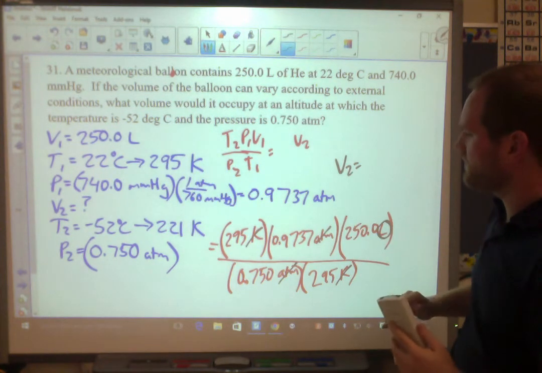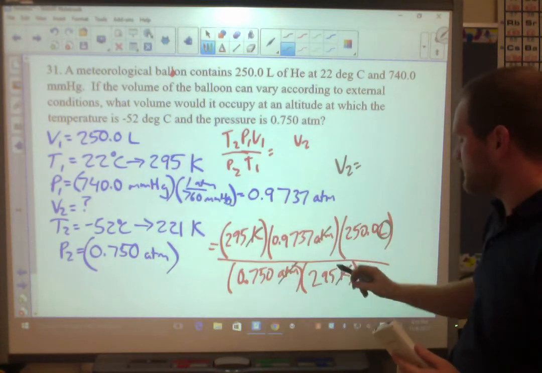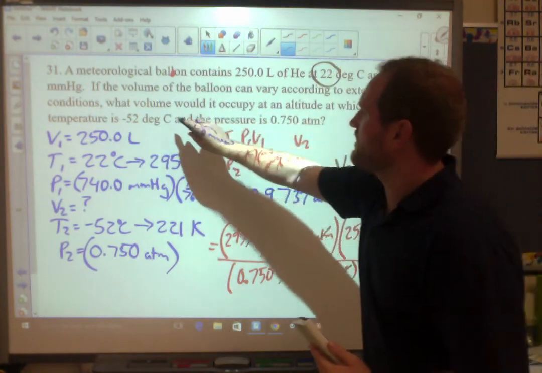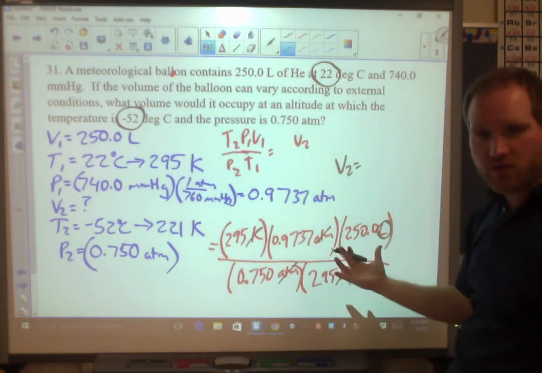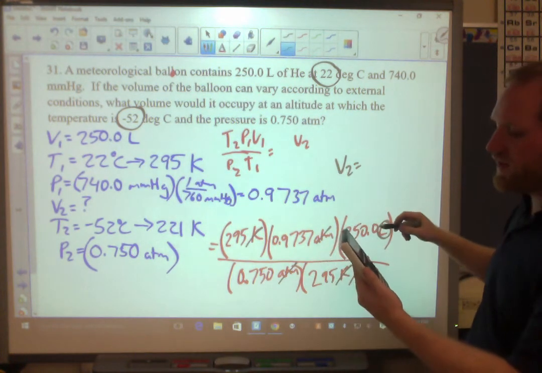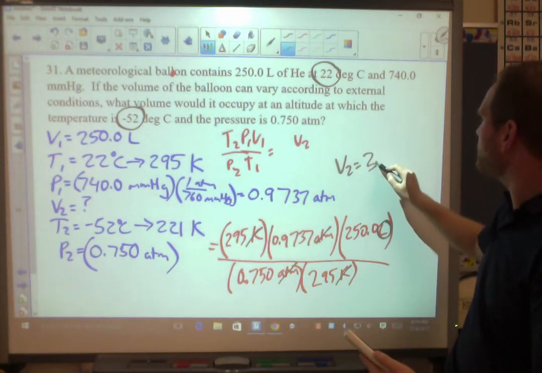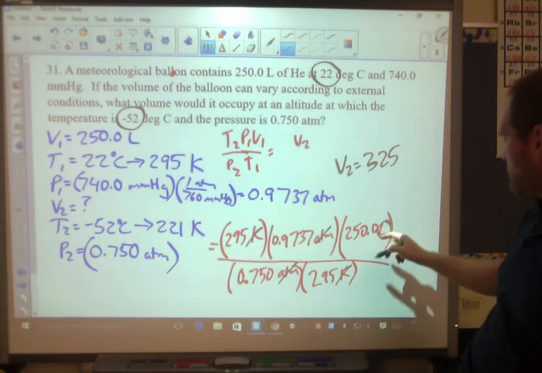Let's check sig figs. 3 sig figs, 4 sig figs, 4 sig figs, 3 sig figs, 3 sig figs. Again, don't be thrown off by the fact that we use 2 sig figs here and 2 sig figs here, because did you actually use 22 and negative 52 in your equation? No. You used the Kelvin version. So with 3 sig figs, my answer is going to be 325, and my unit is liters.